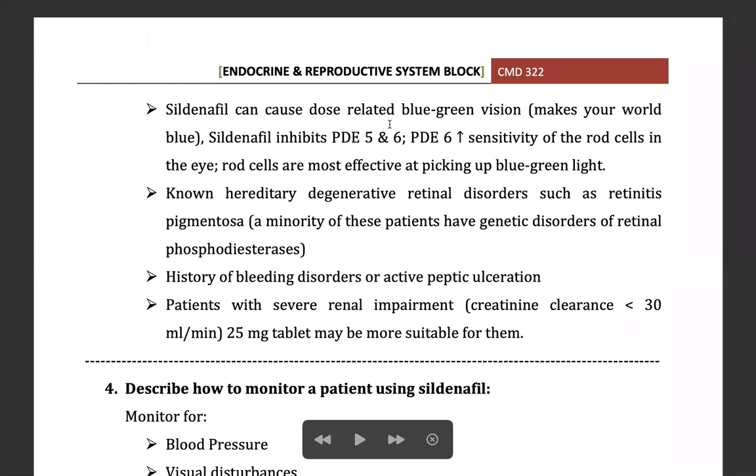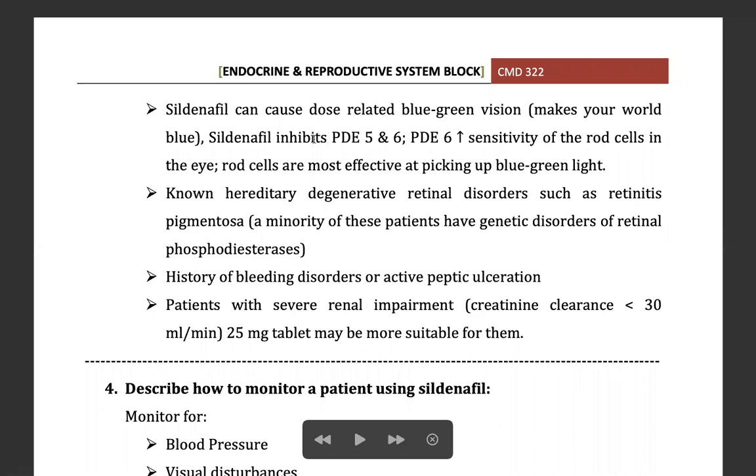Sildenafil can cause dose related blue green vision. Why? We can say sildenafil makes your world blue. All color is blue. Why? Because sildenafil inhibits phosphodiesterase 5 and also 6, and this number 6 is responsible for blue green vision, because phosphodiesterase 6 increases the sensitivity of the rod cells.